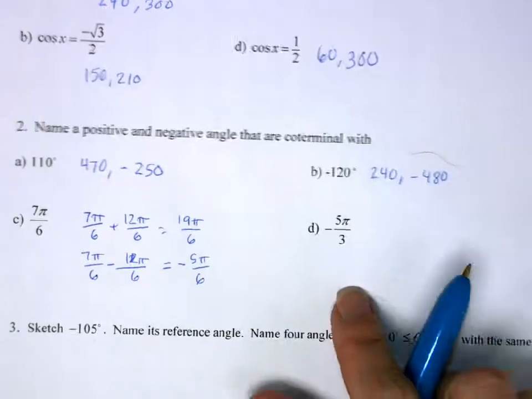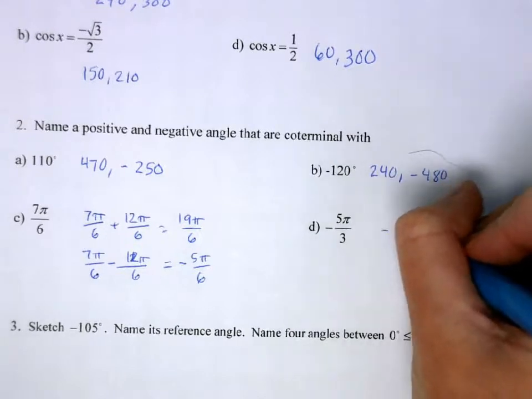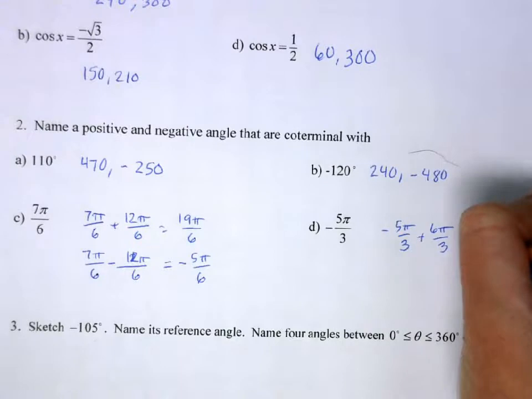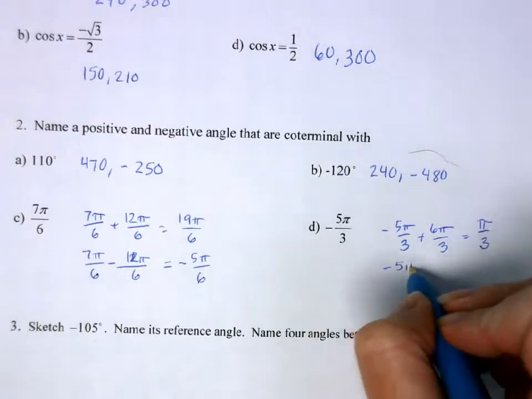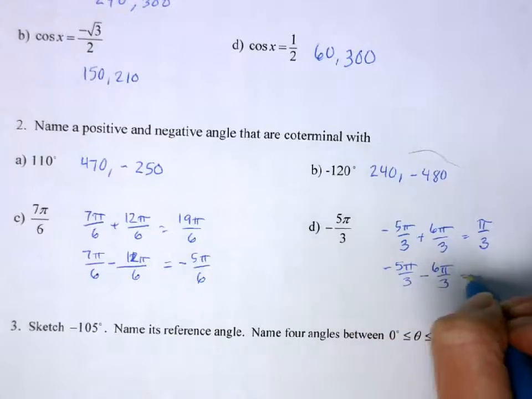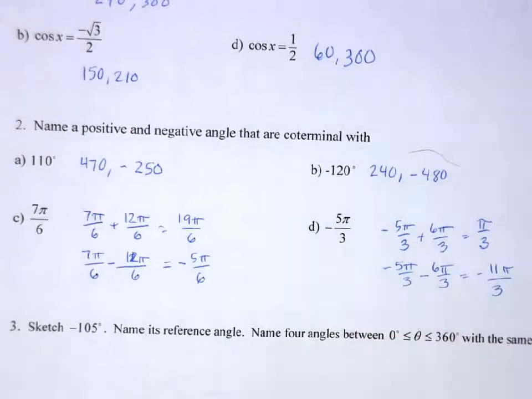And then we'll do the same thing over here. So negative 5 pi over 3 plus 6 pi over 3 is 1 pi over 3. Negative 5 pi over 3 minus 6 pi over 3 is negative 11 pi over 3.